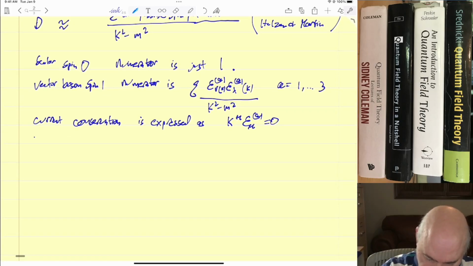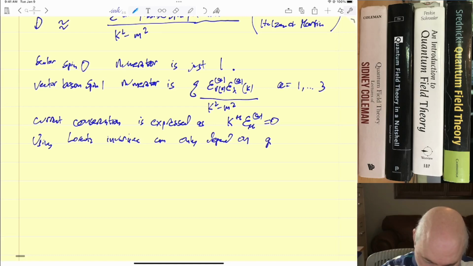Now, using Lorentz invariance, I'm going real fast here because I think many of you have seen these arguments. It can only depend on G nu lambda.